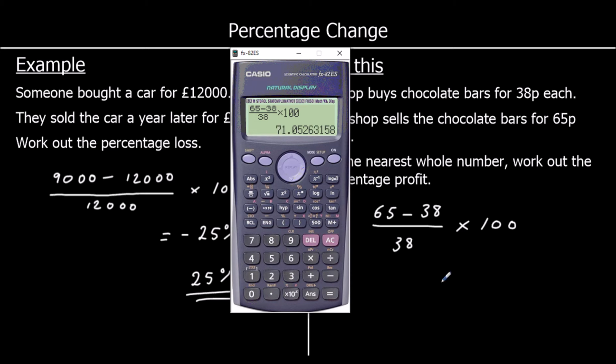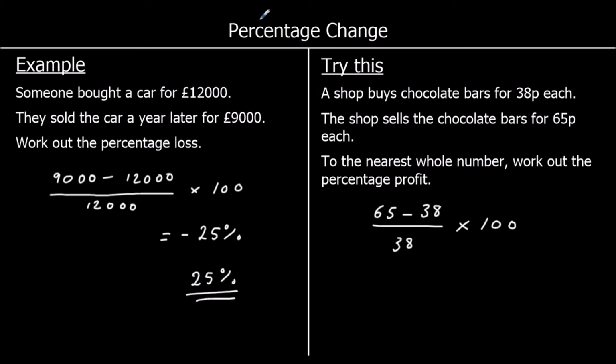And the nearest whole number is 71. 71.0 is closest to 71. So that's 71% profit. If you add 71% onto 38, you get 65.